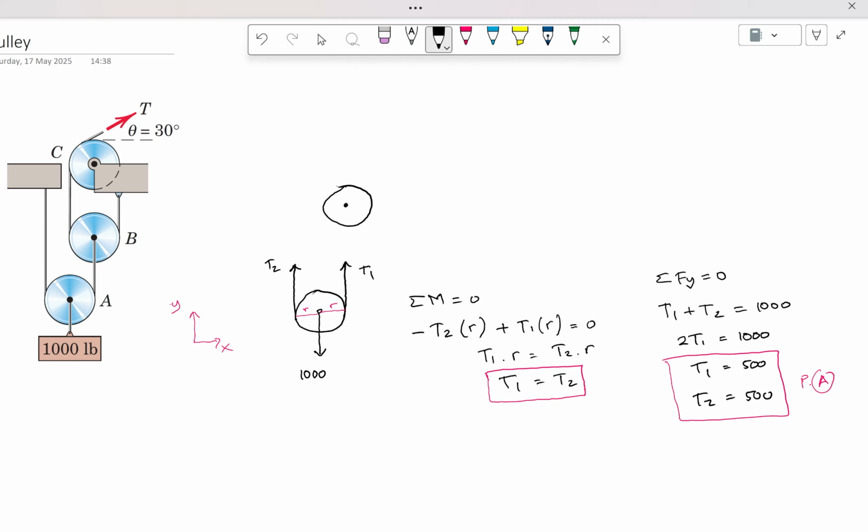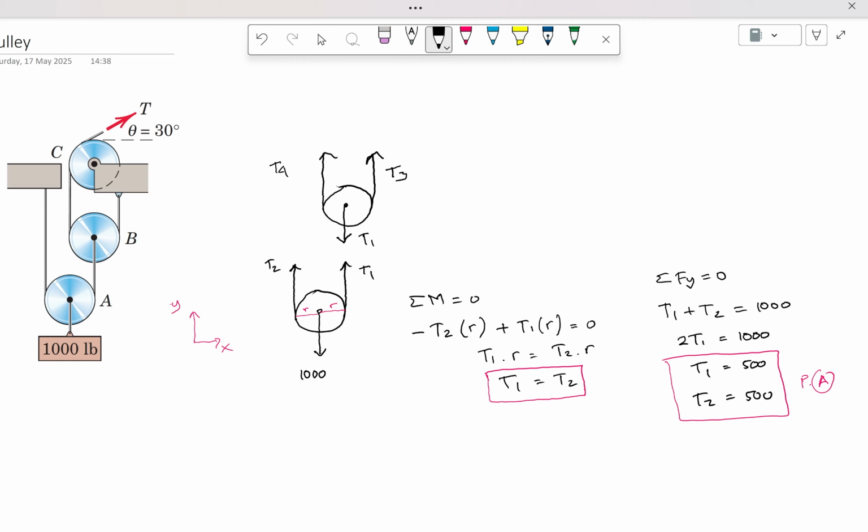Then there is this counter load, which is T1, because of action and reaction, so the direction should be opposite. And for B, there is, let's call it T3, and then T4.